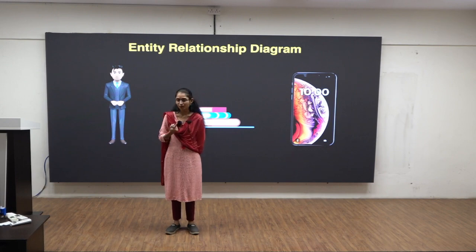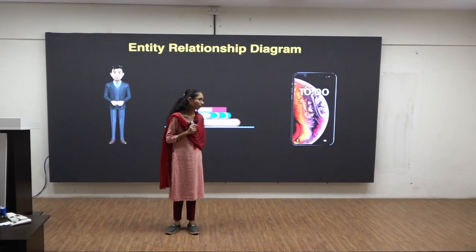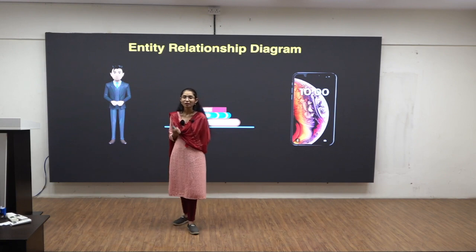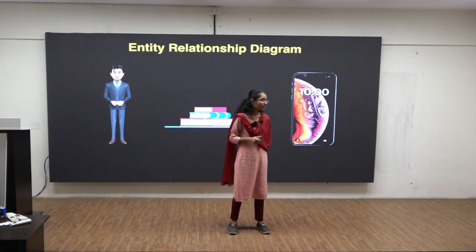Whatever the words and terminologies we will be using, for everything a representation will be present. If the representation is there, we can draw that ER diagram. So whatever the terminologies that we will be seeing, for everything we will have a representation.